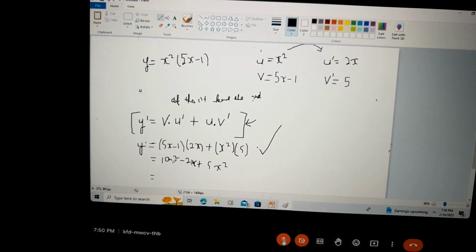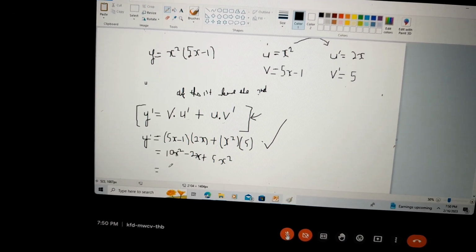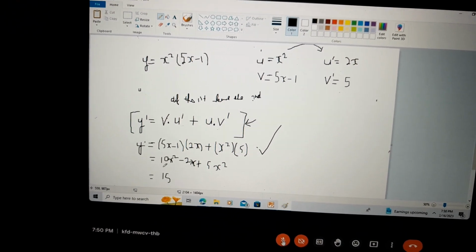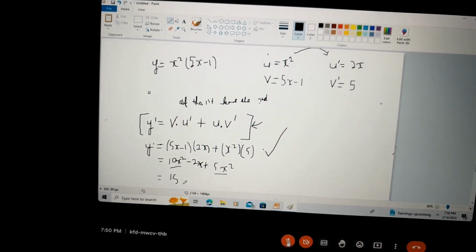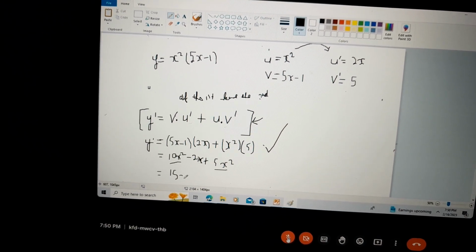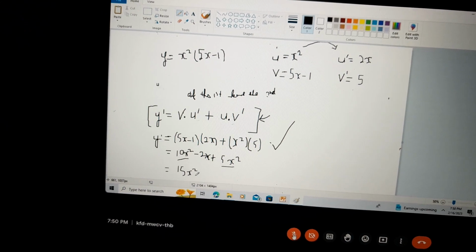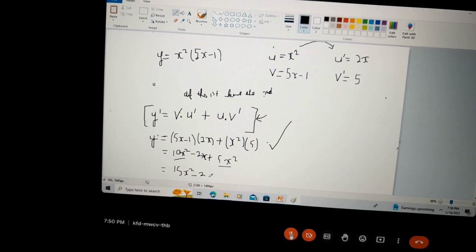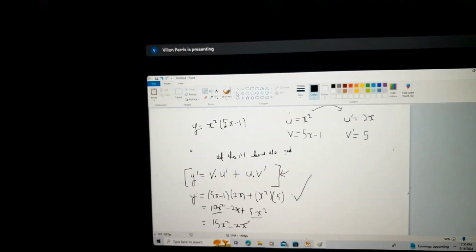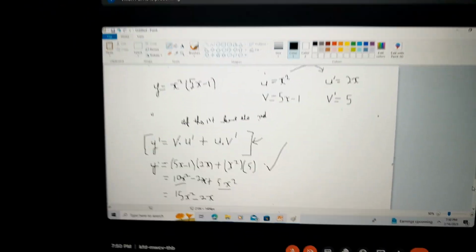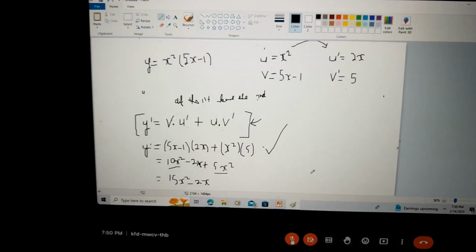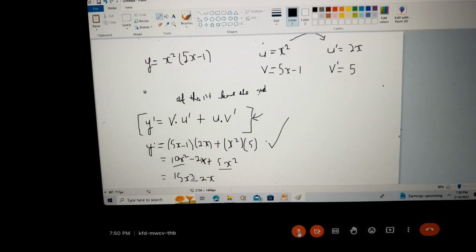I got 15x squared minus 2x when I simplify. Wonderful, that's it. 15x squared, because we put these two together. So you get 15x squared minus 2x. Right, so that's basically what it should be. And if you check back the other way, you should get this as your answer, right? Yes, sir.